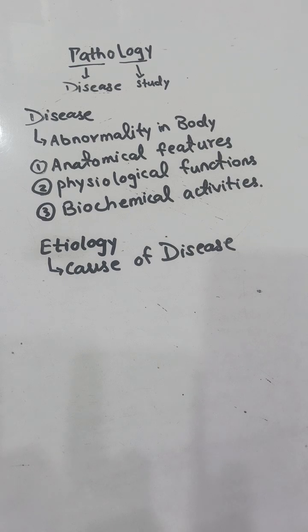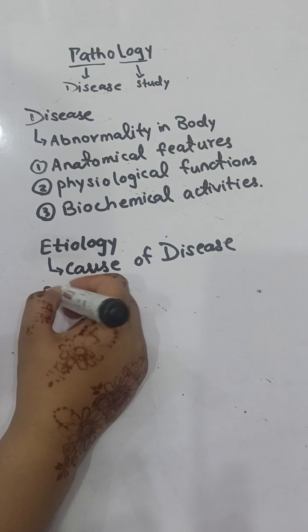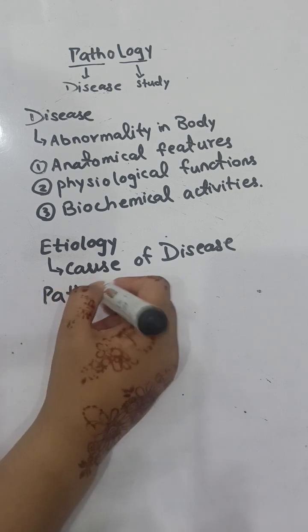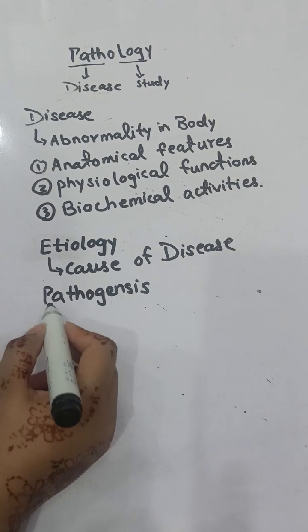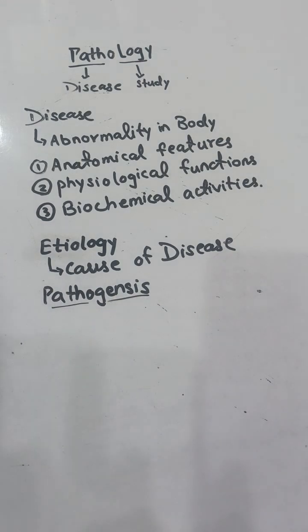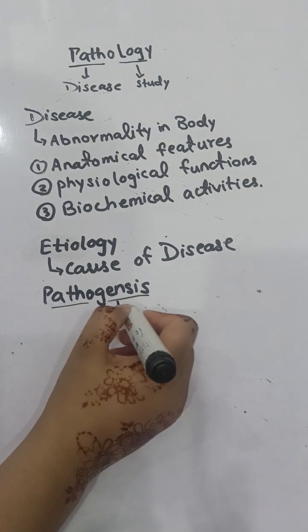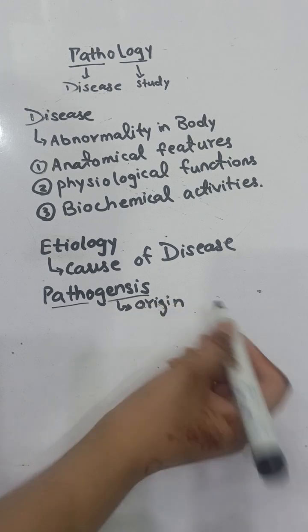The next terminology is pathogenesis. What is pathogenesis? Patho means disease and genesis means the origin, the development of a disease. Genesis actually means origin. What is the origin of your disease?